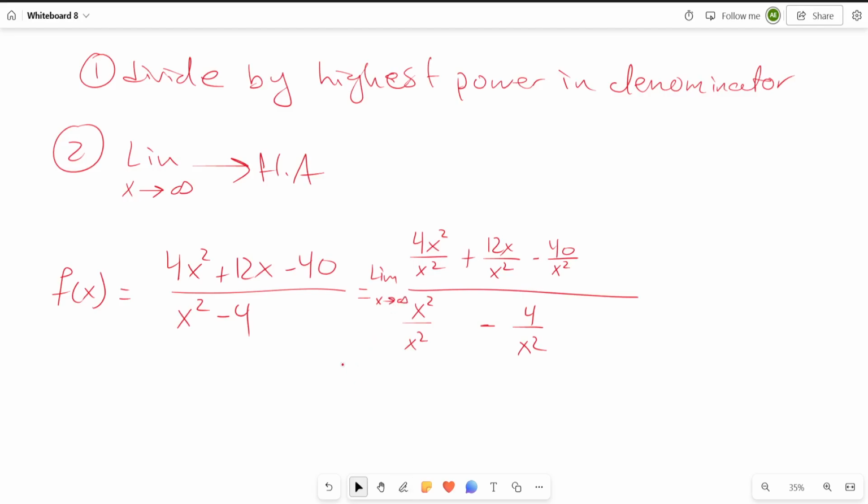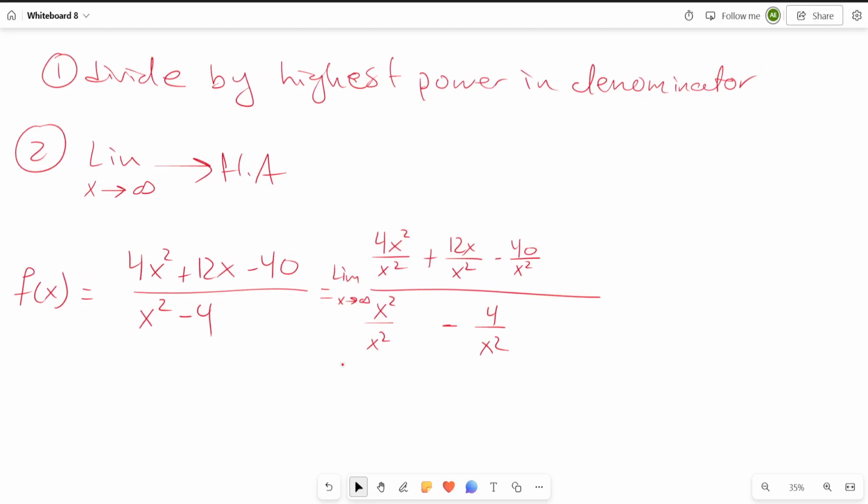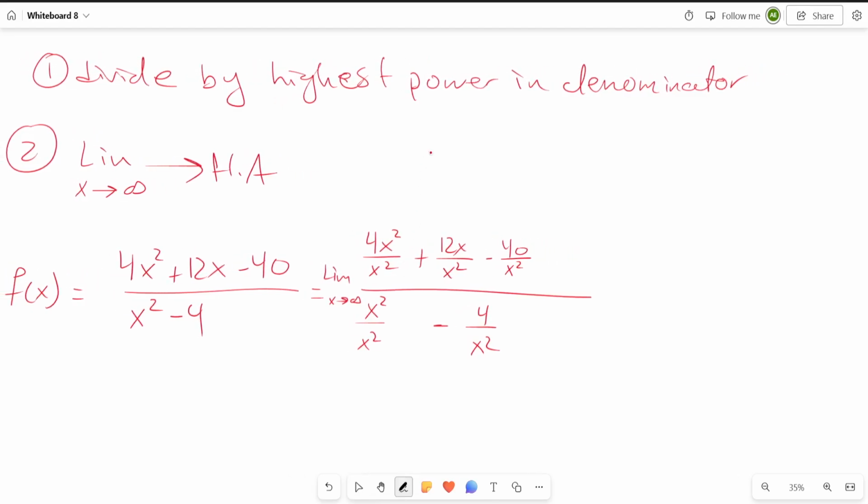So what happens here? First of all, let's agree on a certain idea. Let's say I have 1 over 10. How much is that? That's going to equal 0.1. What if I have 1 over 100? That is equal to 0.01. 1 over 1000, 0.001, and so on.